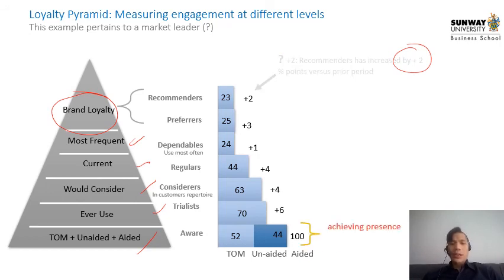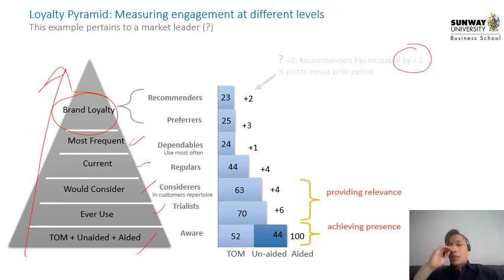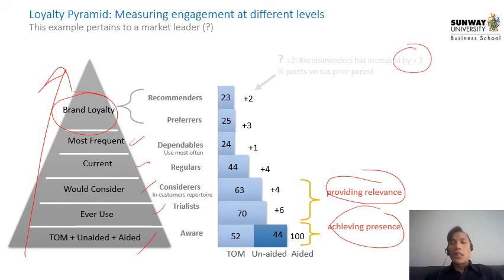But the important thing is to achieve the presence at the bottom so that we can move people up across the loyalty pyramid. So we start out by achieving our presence, then providing the relevance to the needs of the customers. Then once they are in, we ensure the performance.